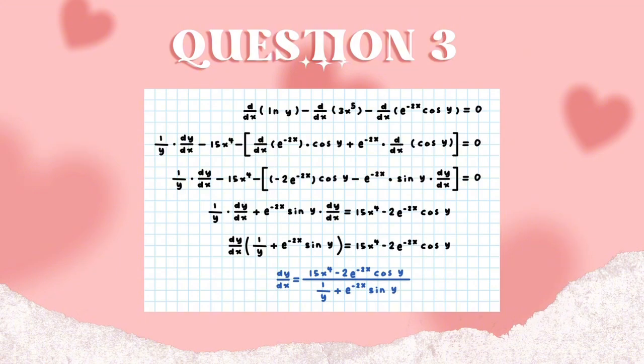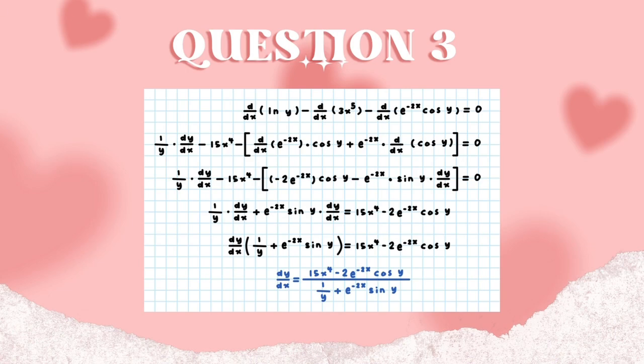We multiply this because y is a function of x, so again, we apply the chain rule. Now, combine all of it, which simplifies to negative 2e to the power of negative 2x cos y minus 2e to the power of negative 2x sin y multiplied by dy over dx.